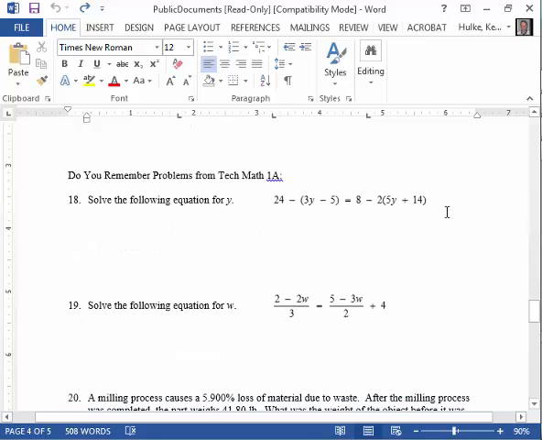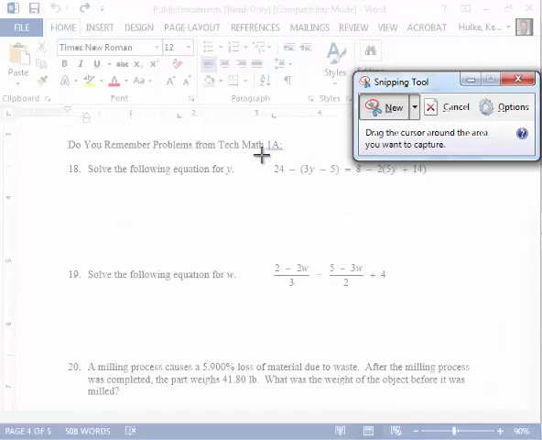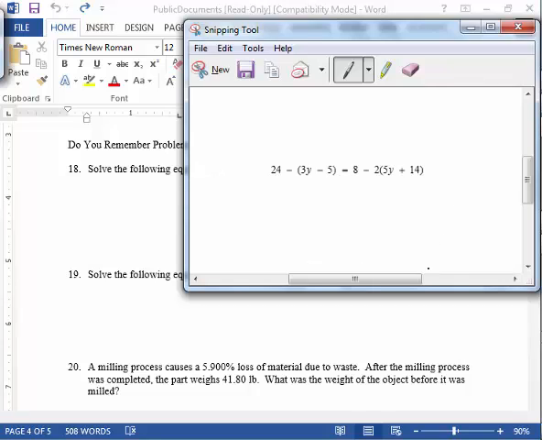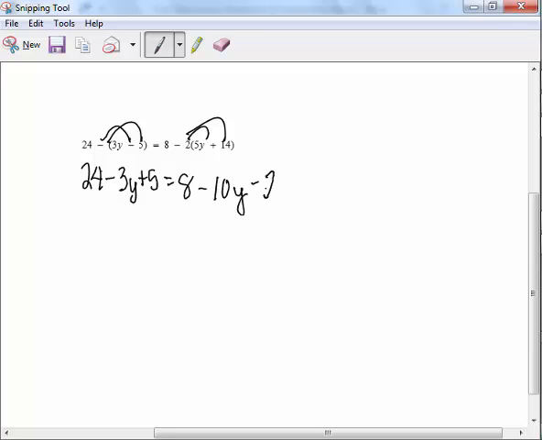Solve the following equation for y. Okay. Let's see here. Multiply out the parentheses. 24 minus 3y plus 5 equals 8 minus 10y minus 28.